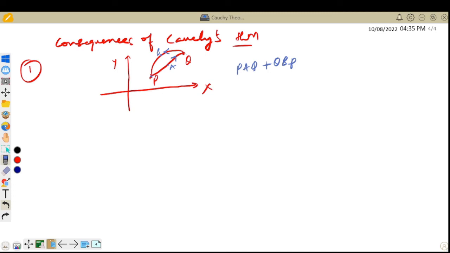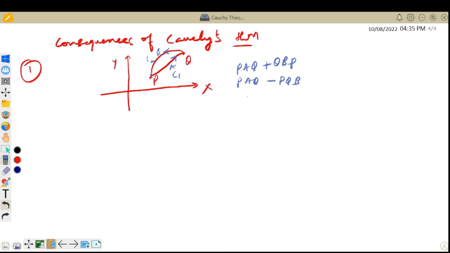So you can call this curve C1 and this curve C2. PAQ plus QBP makes a closed curve. Then look at the direction: this is PAQ, and this will become a minus, PQ in reverse order.